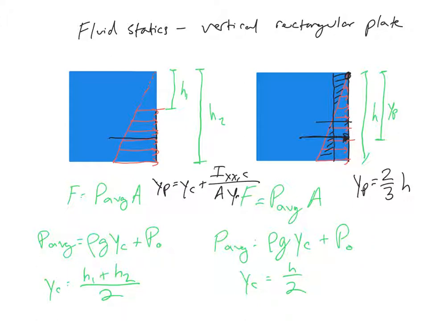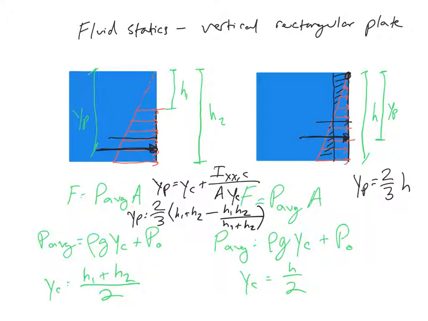Once again, we've got where this arrow acts, and we're going to call that y sub p over here. And you can just use that y sub p equals 2/3, not just h, but h1 plus h2 minus h1 h2 over h1 plus h2. You can use this equation when you have this submerged plate.